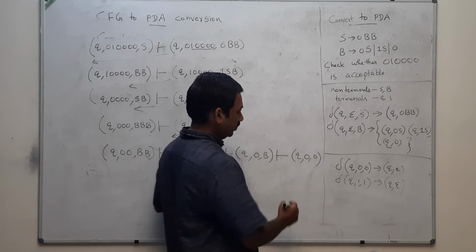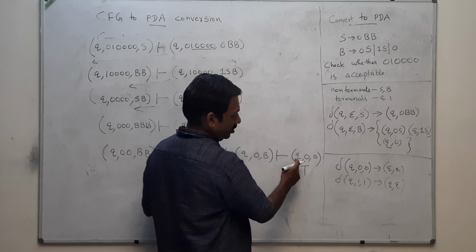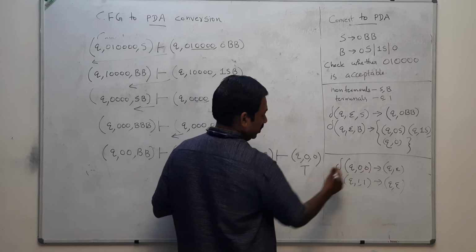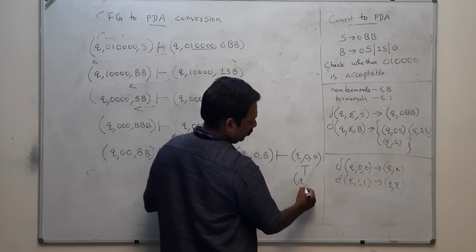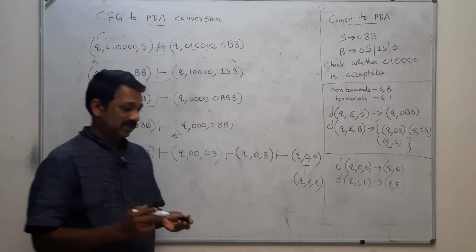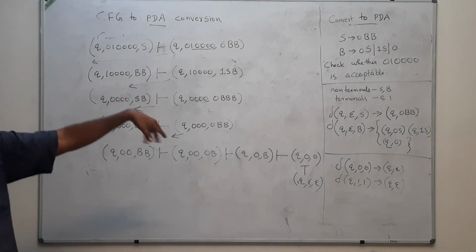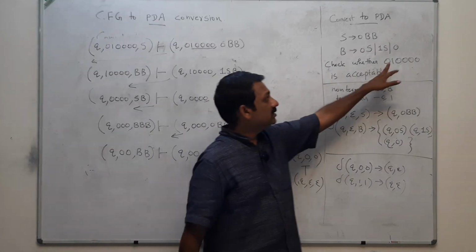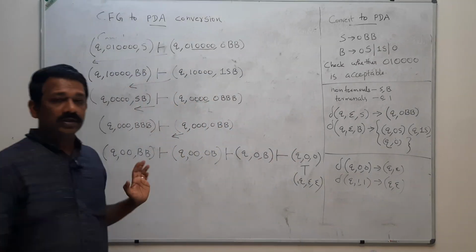And Q00 means you are popping, Q epsilon epsilon, and in that case that is accepted. As per this, this is a valid string according to this grammar. Using PDA we have proved it.